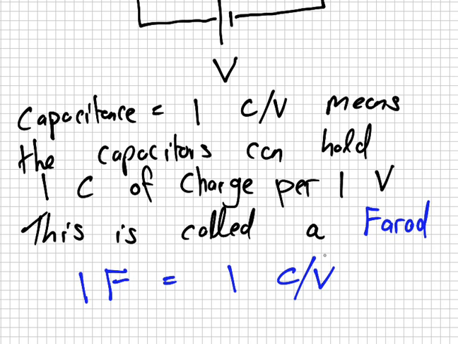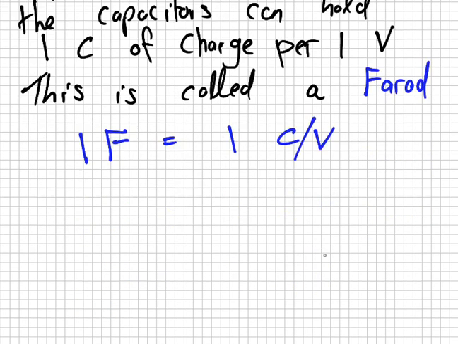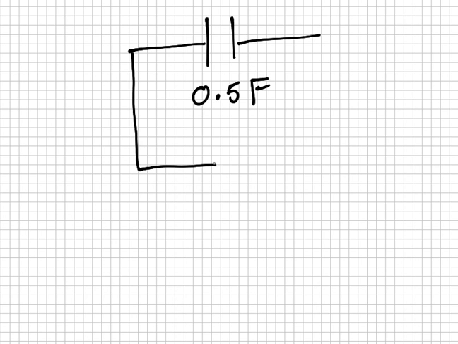So let's have a look at a small example just to get started with the idea. So if I look here, let's say this capacitor is 0.5 farads, and I connect it to, let's say, 100 volts.